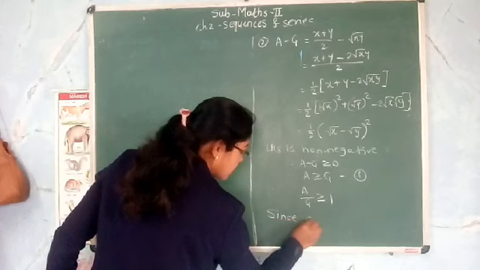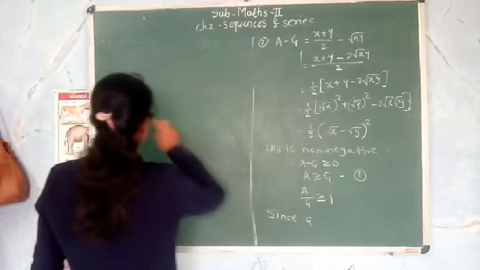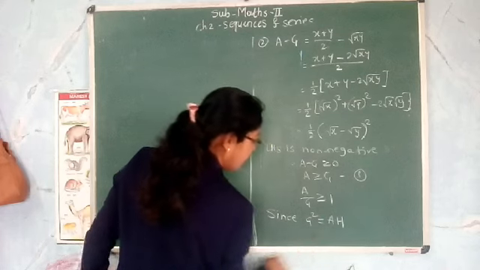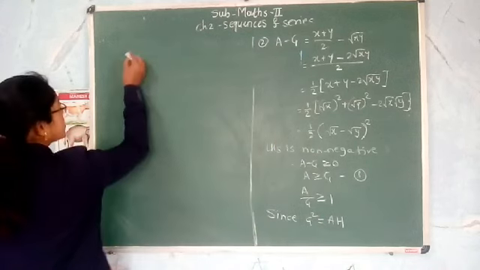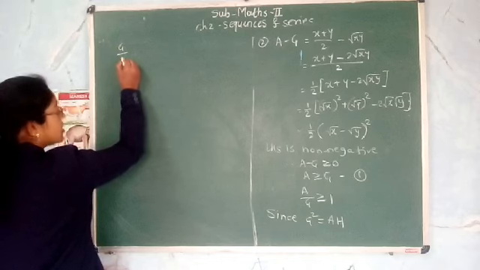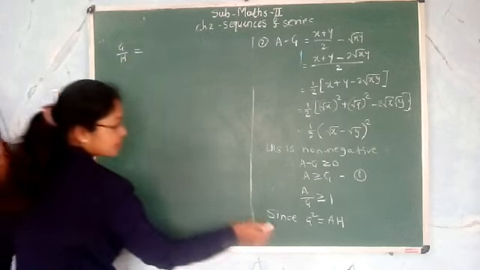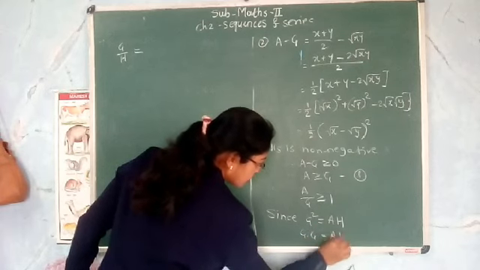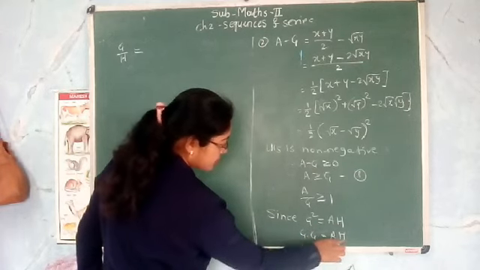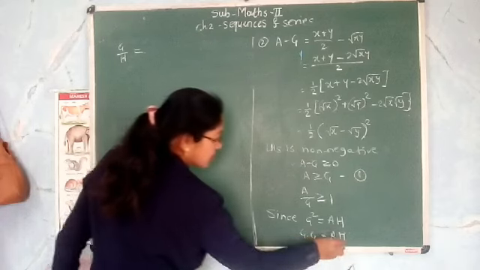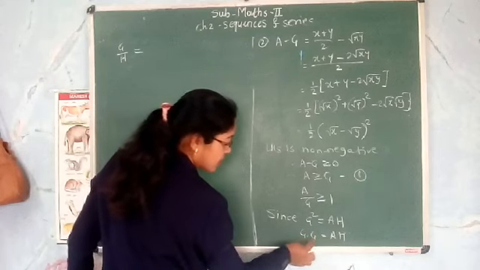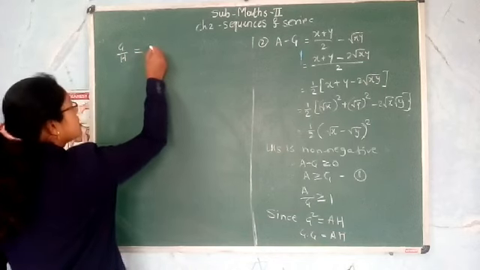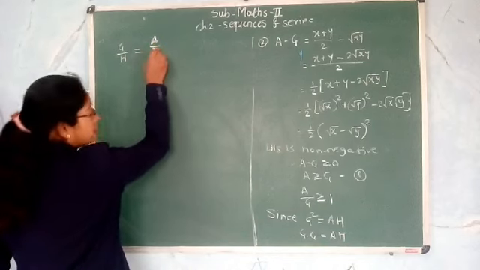Since in first we have shown that g square is equal to ah, this can be written as g square is g into g, which is equal to ah. So we will take h to that side and one g to this side, so g upon h is equal to a upon g.